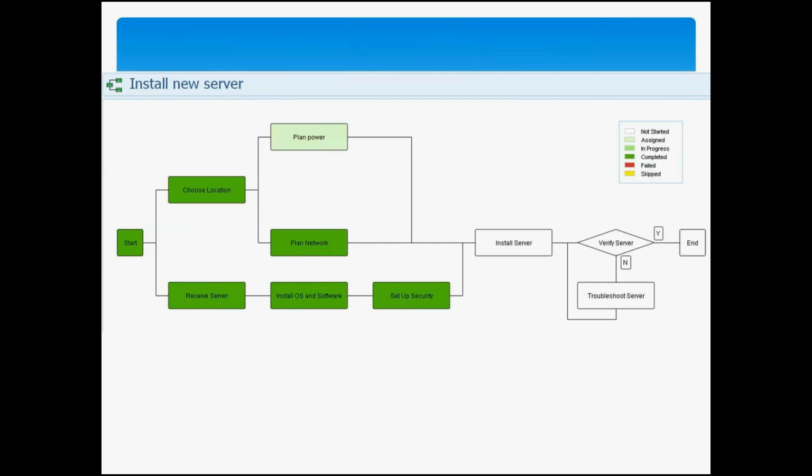So, next thing, no processes in place. What we found is most people have processes in place, but they're maybe not formalized as much as they would like them to be. So if I put together a process, say for installing a new server that says I need to choose a location, plan the power, plan the network, all those kinds of things, I could build out, with a little drag and drop capability, the process for installing that server.